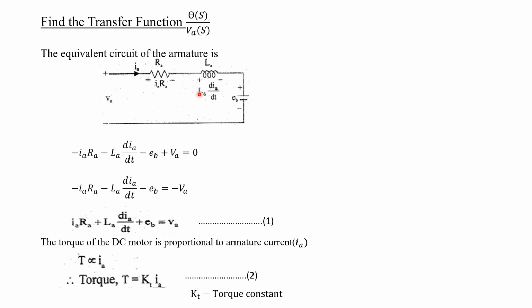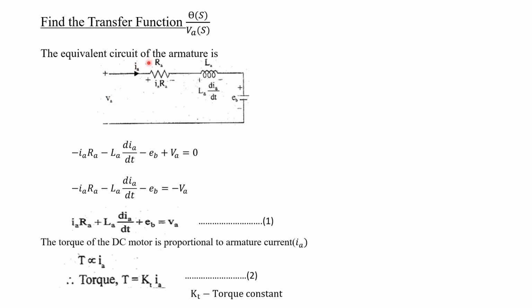Now what about the voltage drop across the inductor? In the first slide I told L into di by dt. So here the inductor value is LA, and what about the current? IA. So LA into d by dt of IA. This voltage as well as current are all time varying functions, I of t as well as V of t.